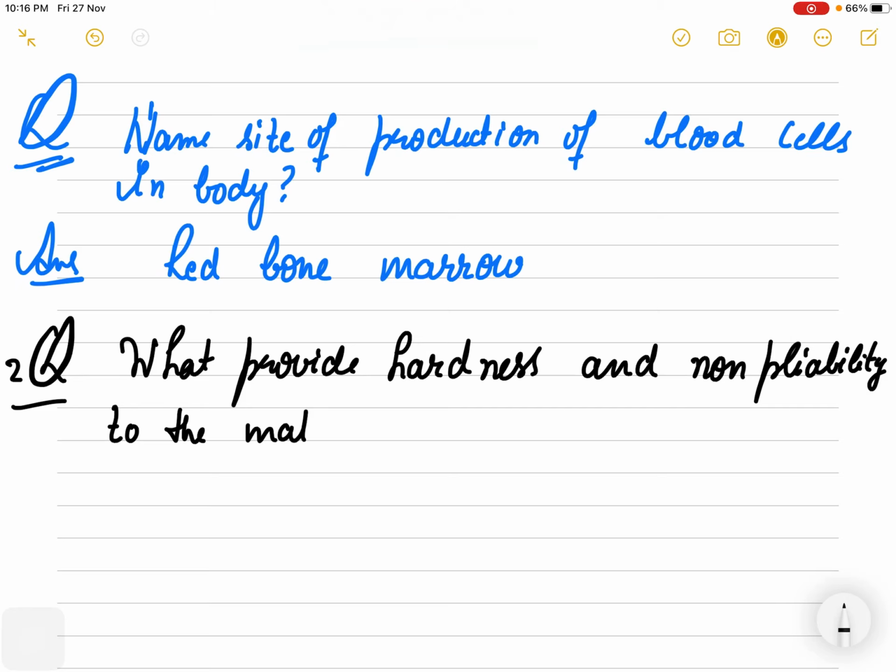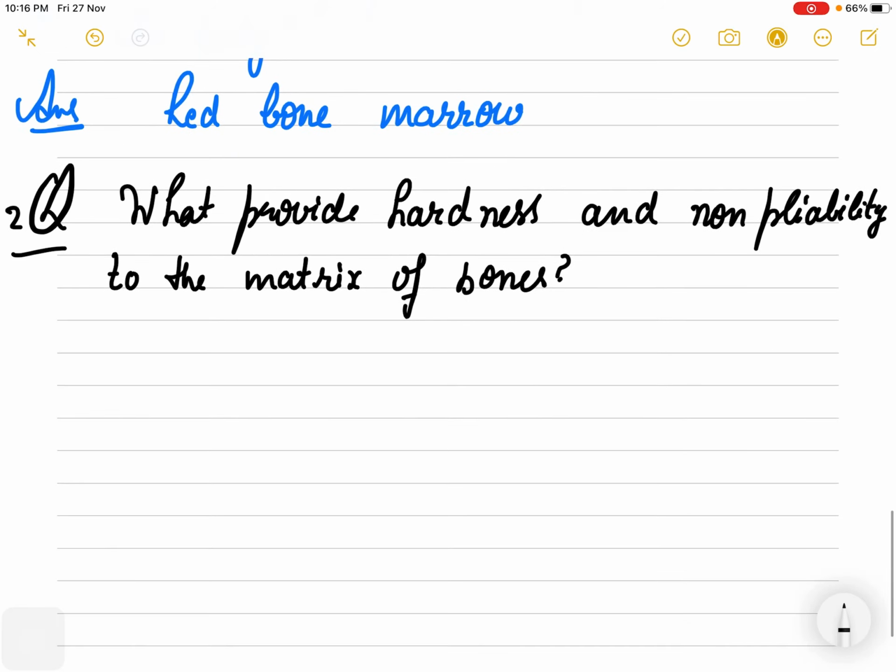But the matrix of bones is very very hard. Who provides this hardness and non pliability to the bone matrix? You know the answer. The presence of which salts? Which kind of salts? I think before I write the answer, you should answer it in your mind. The presence of calcium salts.